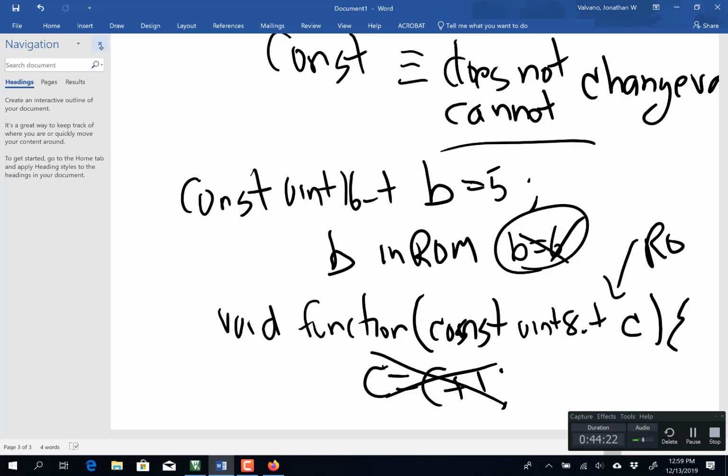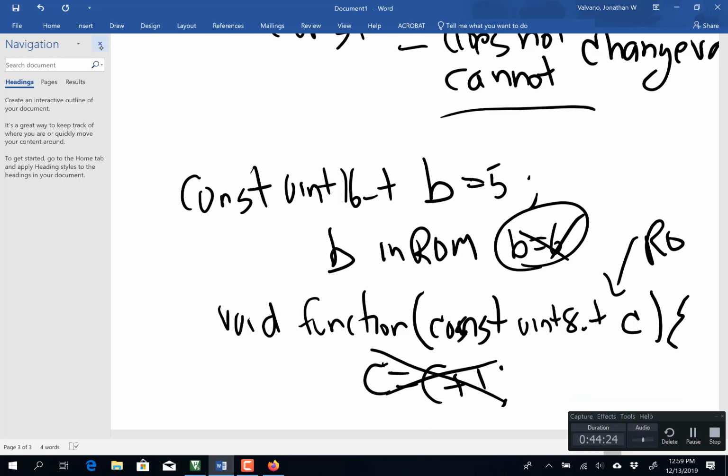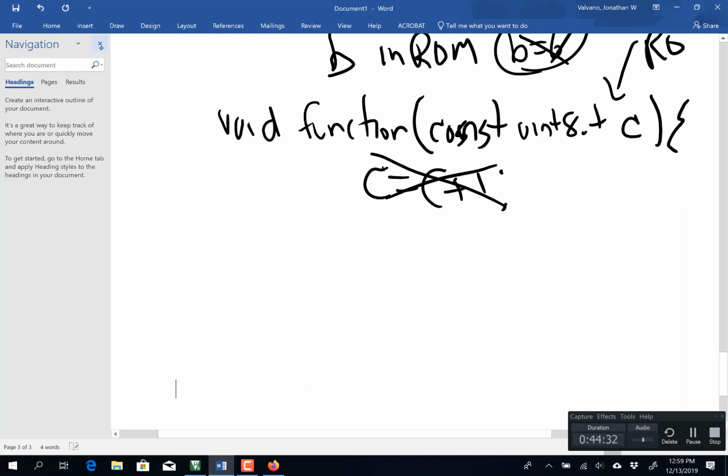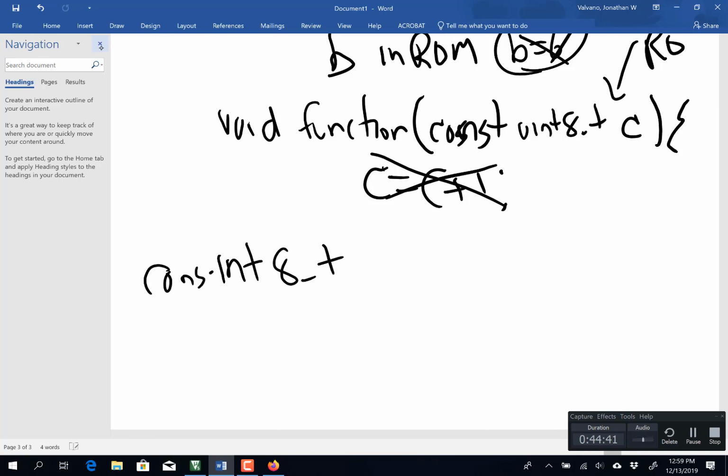Now the tricky one, let me just do one tricky one here for you. And that is this. Where's the pointer? It's in RAM. Pointer's in RAM.